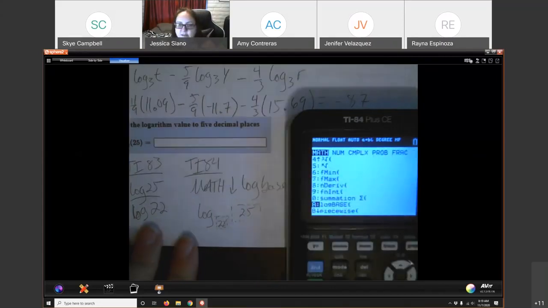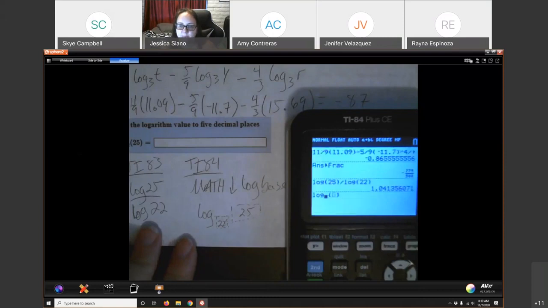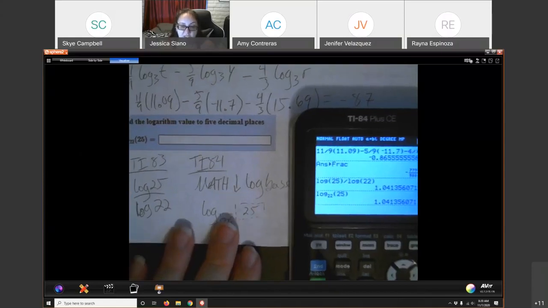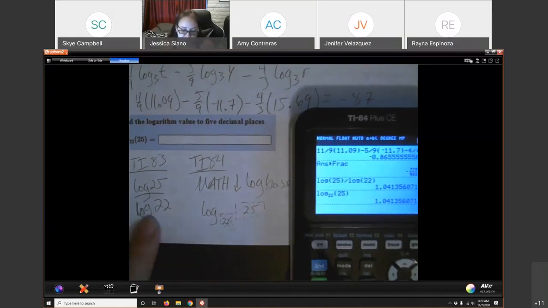There it is. 22, 25. And notice we got the exact same thing both times, which is good because I would have been concerned if I was telling you to do something and that you'd get the right answer either way and that those answers were different. So again, how you do this is dependent on what calculator you have. Everybody can do this. If you have a TI-84 and you prefer, you can do this.